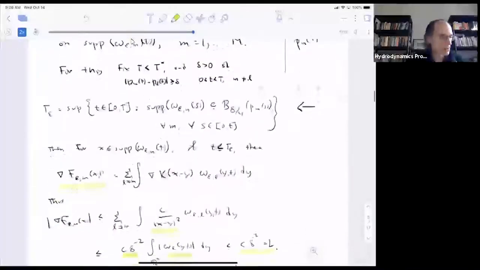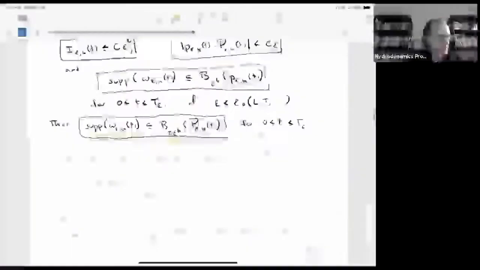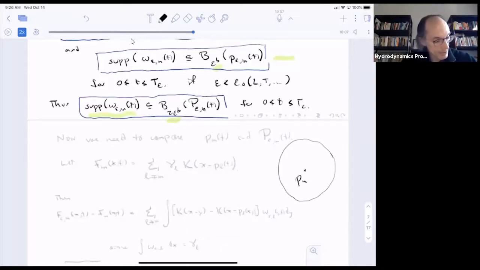Okay, good. And so now what I need to do is, right, so I have three, let's draw a picture of the mth ball. So I have this mth ball, and I have this P_m at time t. This is all taking place in the ball of radius delta over 4, I think. And then I have a capital P epsilon m at time t.